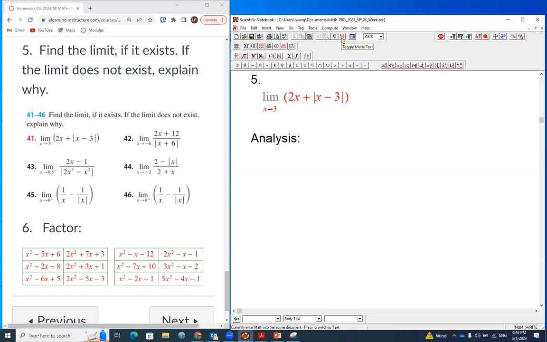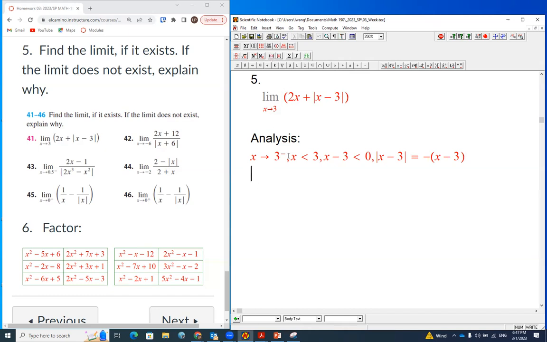So when x is approaching 3 from smaller than 3, that means x is less than 3. If x is less than 3, then x minus 3 is less than 0, it's negative. If x minus 3 is negative, then the absolute value of x minus 3 is going to be its opposite.